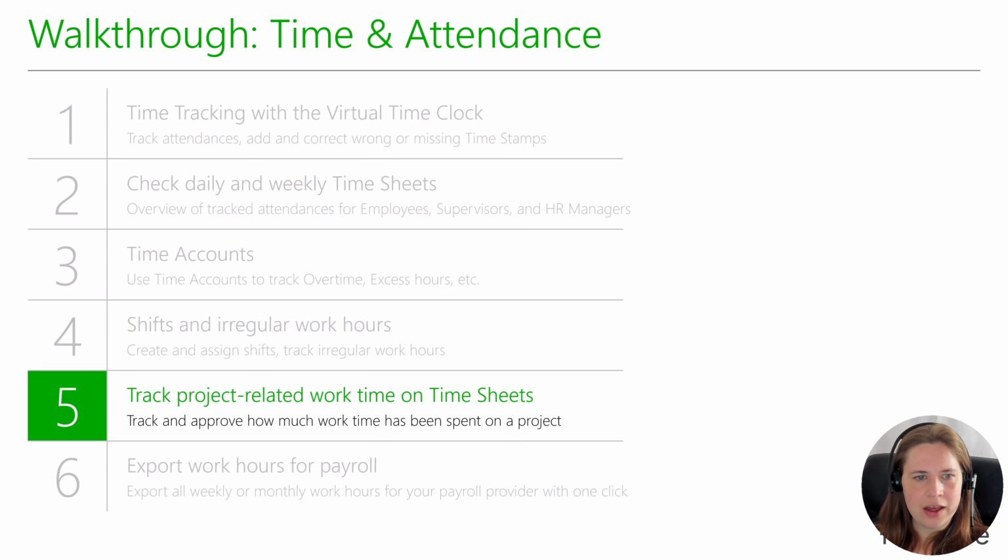So far, all of our chapters have covered employees' attendances, from the moment they stamp into work in the morning until they leave in the evening. Let's now have a look at how to track project-related work time, because that is a bit different. The employee is attendant from the very first second they come into work in the morning, but that does not mean that they work from the very first second.